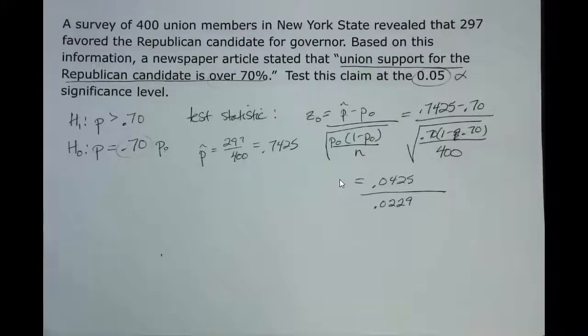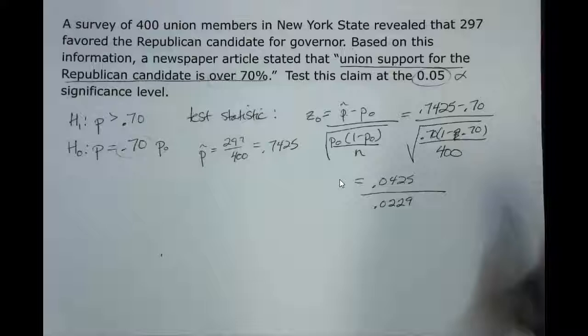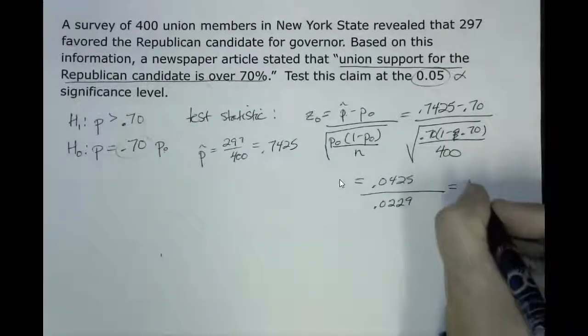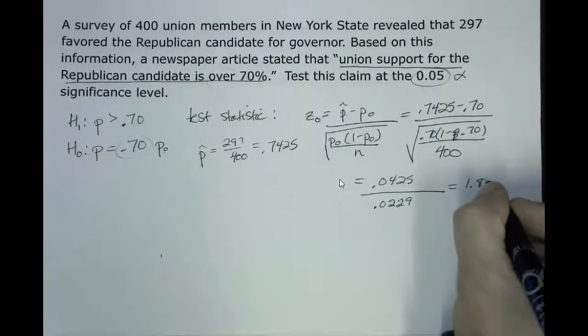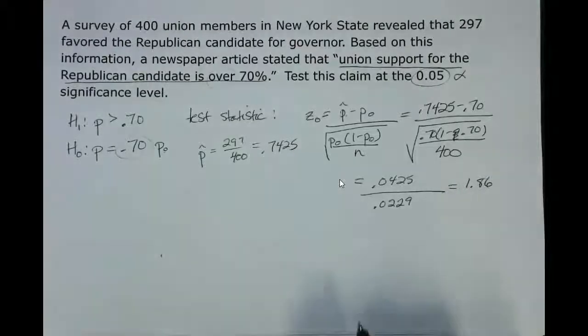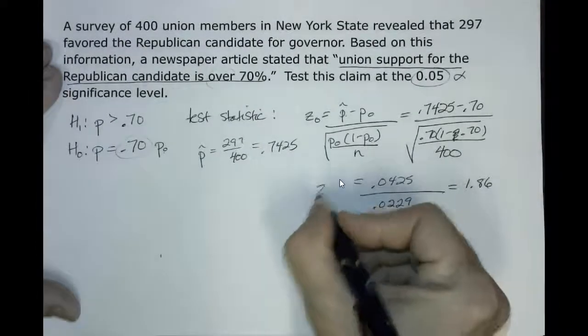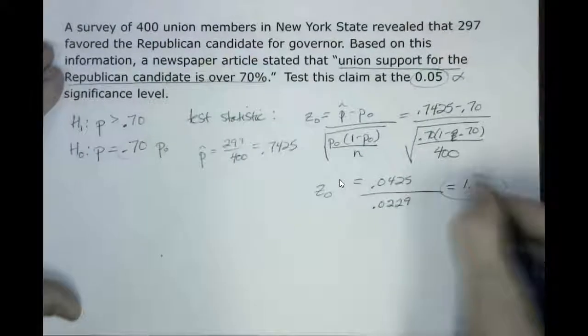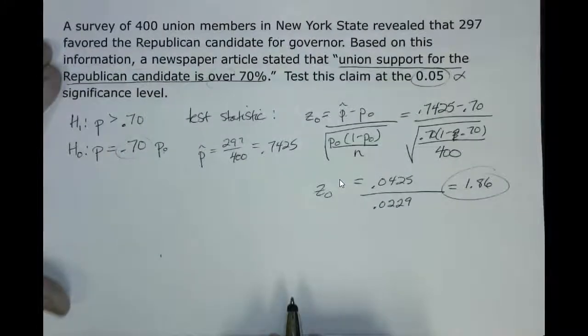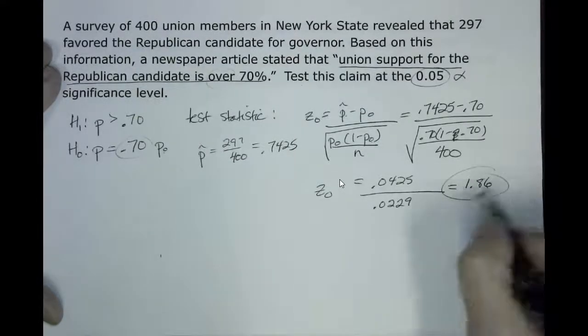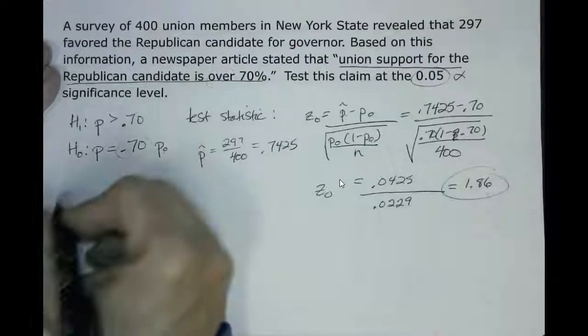And then if we divide those, we get 1.86 if we round it to 2 decimal places. So this is our test statistic. This is our Z0, is the 1.86. Okay, then let's say that they give us the test statistic and we're supposed to find the p-value.